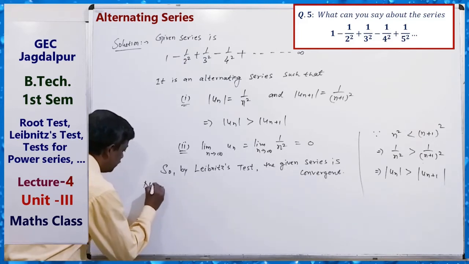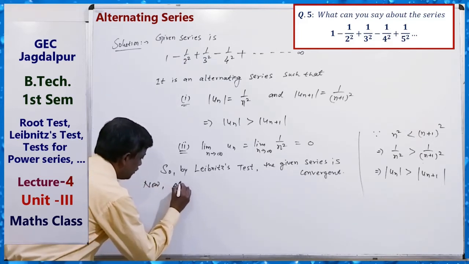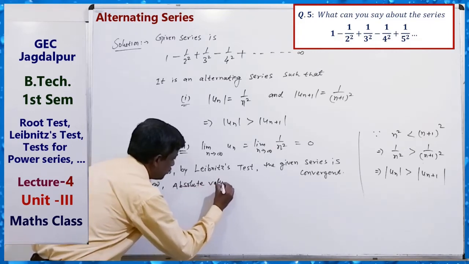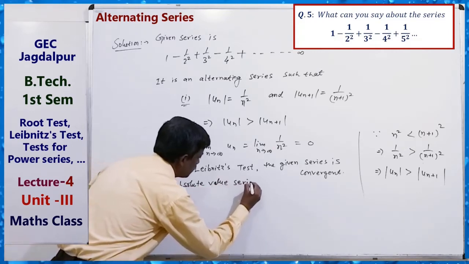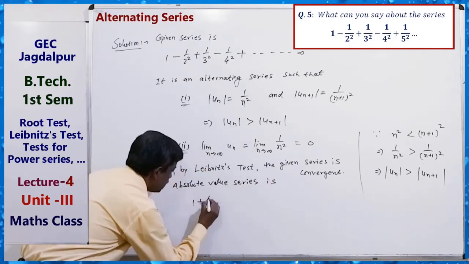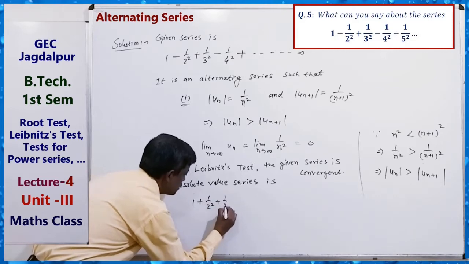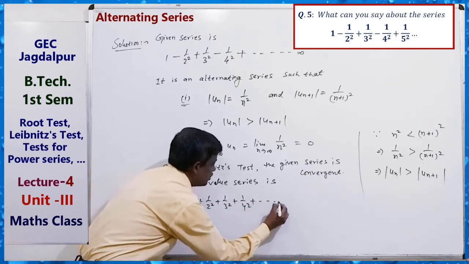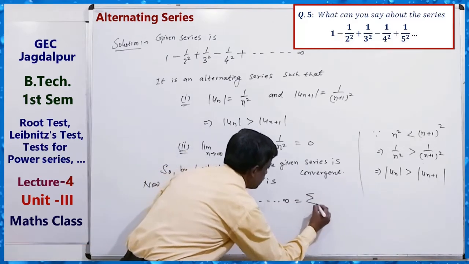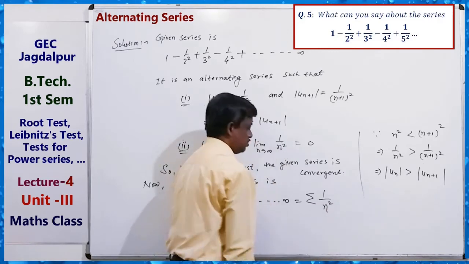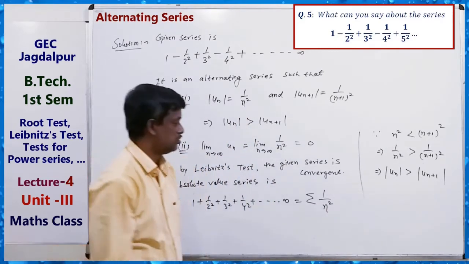Secondly, the absolute value series is 1 plus 1 by 2 square plus 1 by 3 square plus 1 by 4 square and so on to infinity, which equals 1 upon n to the power 2.